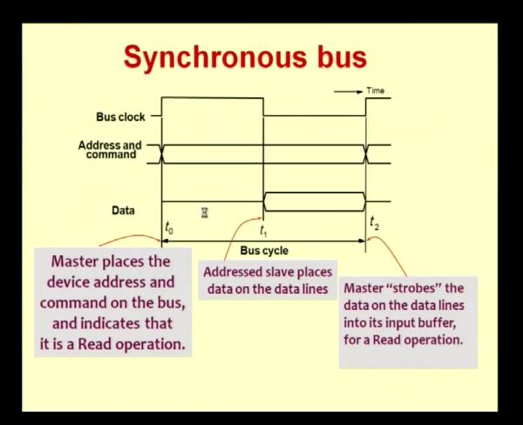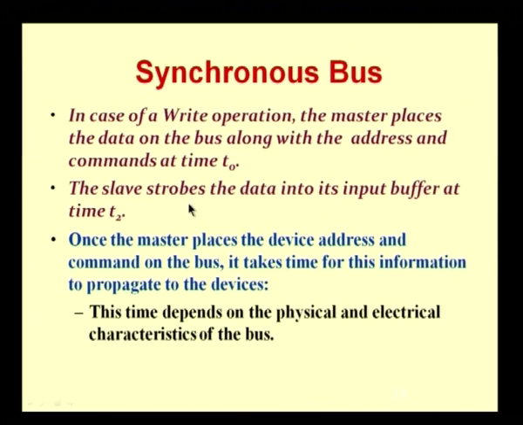For a read operation, there are three things which are done: you place the address first, then the slave will place the data, and then it is read by the master. In the case of a write operation, the placing of the data and the address and command are combined together, and at time t2 writing of the data by the master would be completed, because the data would have been copied into the input buffer by the slave. That is how a write operation will take place.